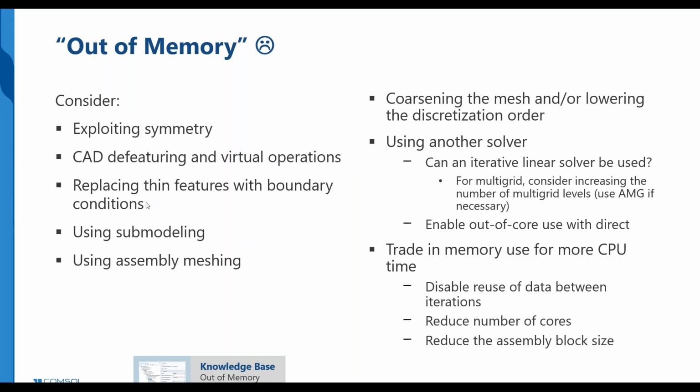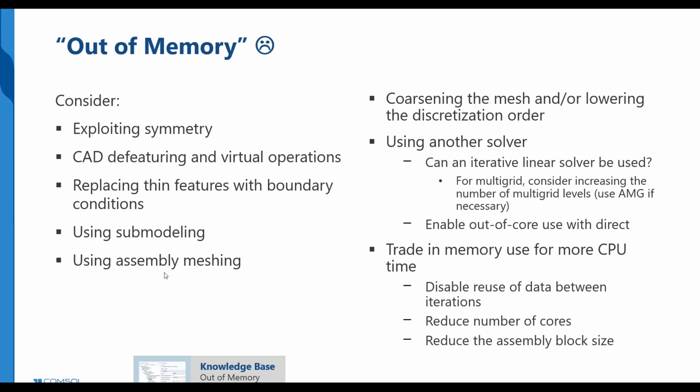Another technique could be to, instead of meshing thin features, thin channels, remove them with boundary conditions instead. That's a modeling problem, and it can be supported by the physics interface you're working on, or you might have to do some modeling yourself. Sub-modeling is something I will show you what that means, and using assembly meshing.